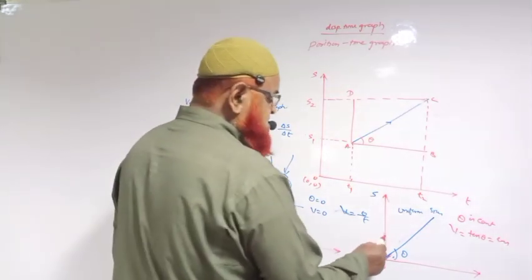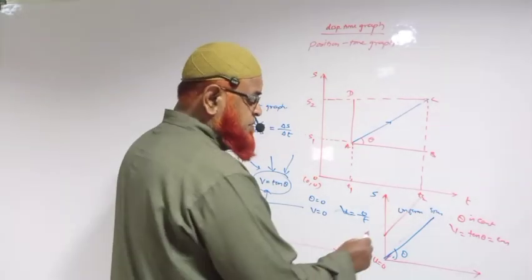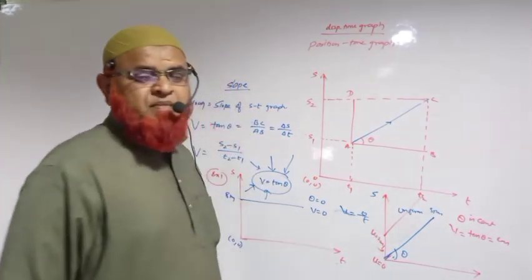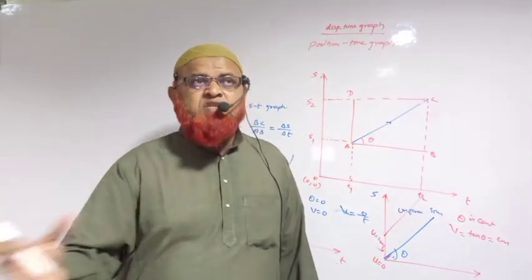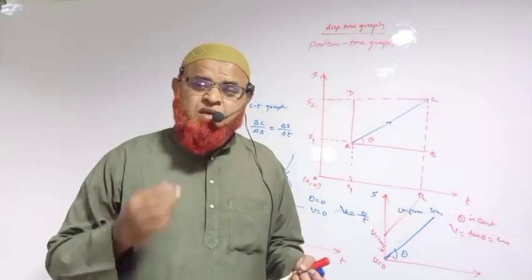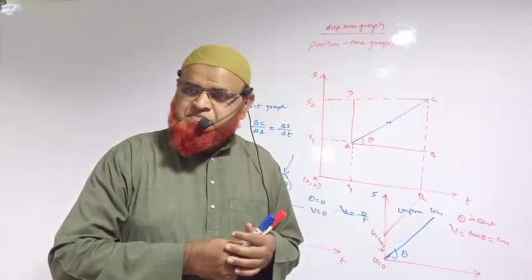If this line is started from here, what is the meaning of this graph? That means it is having certain velocity, 2 meters per second, for example. Already a car is having certain velocity 2 meters per second and its velocity is increasing uniformly. It is not starting from rest, because when you are observing, the car is already having certain velocity.